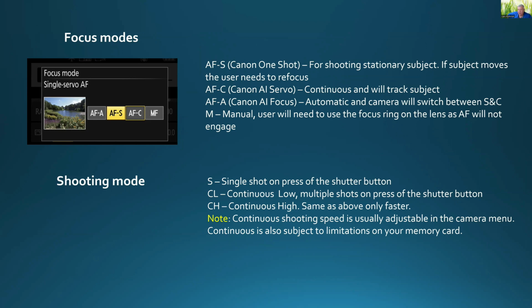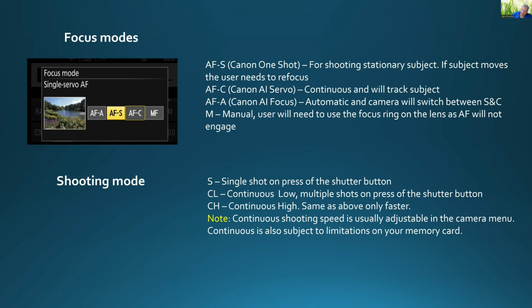If you're doing a conference and the speaker you're taking the picture of is moving around, have your setting changed to C for continuous. What that will do is when you half press your shutter button down, it will continue to focus on that person that's moving, as opposed to trying to find something that isn't moving, which is the AFS.